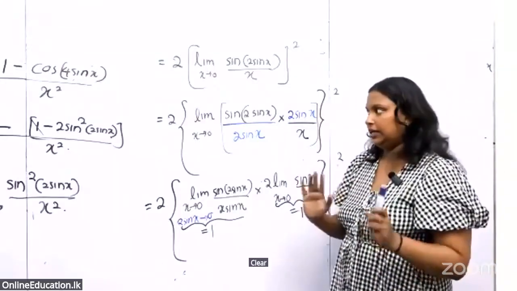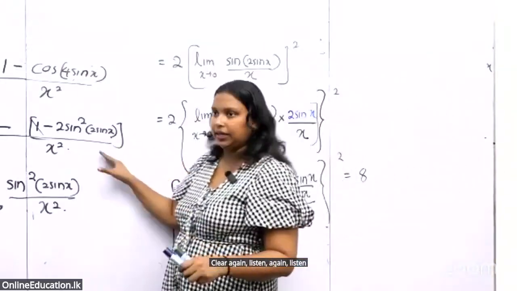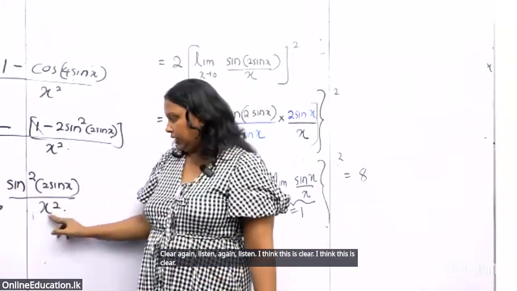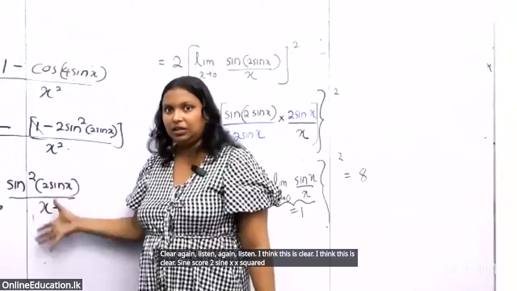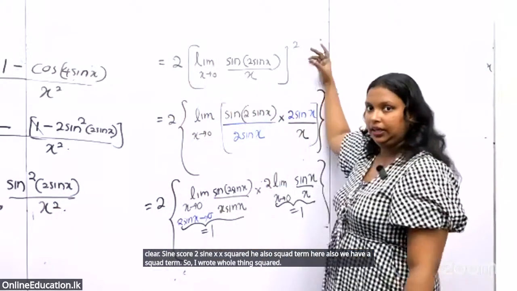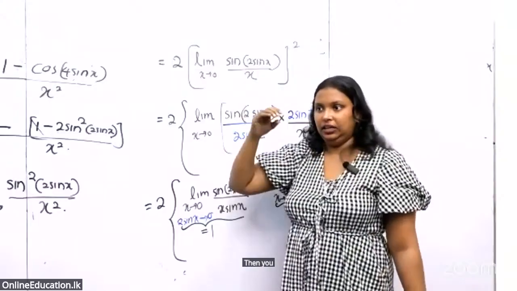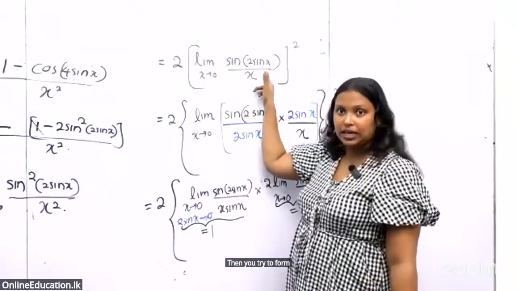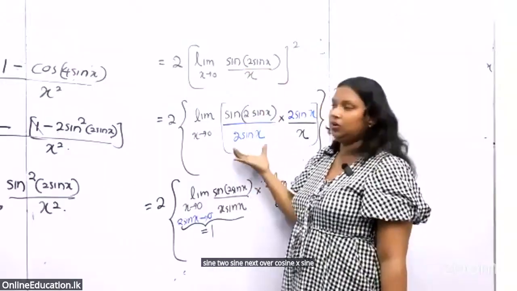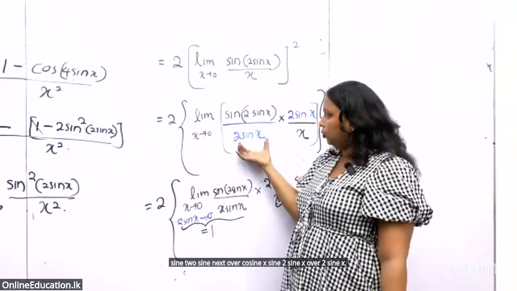Clear? Again listen. I think this is clear. Sine squared 2 sine x, x squared. Here also a squared term. Here also we have a squared term. So I wrote the whole thing squared. Then you try to form sine 2 sine x over 2 sine x. Now I put a 2 sine x here.